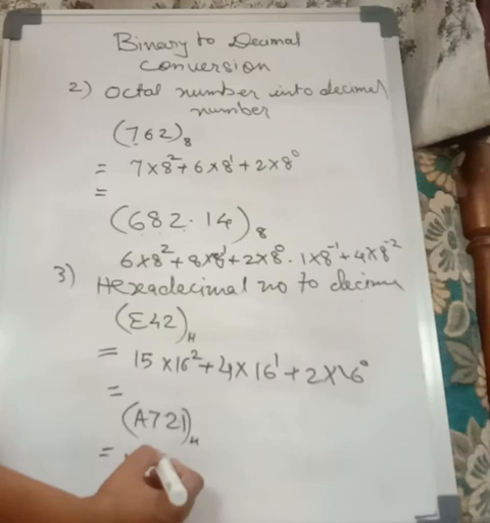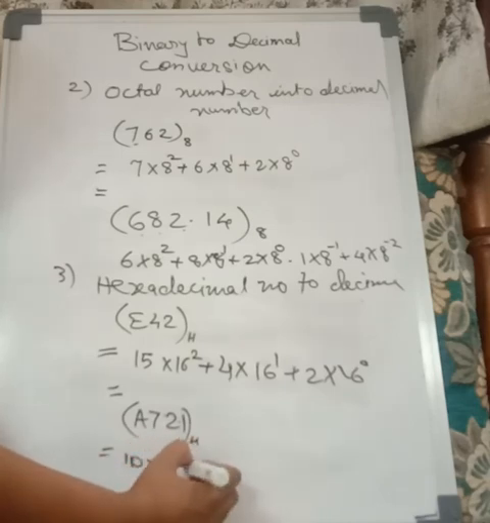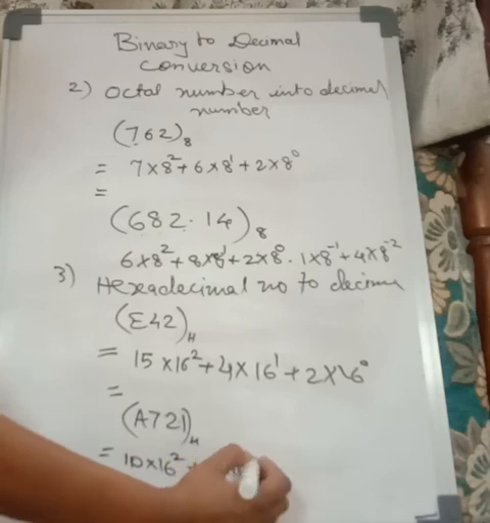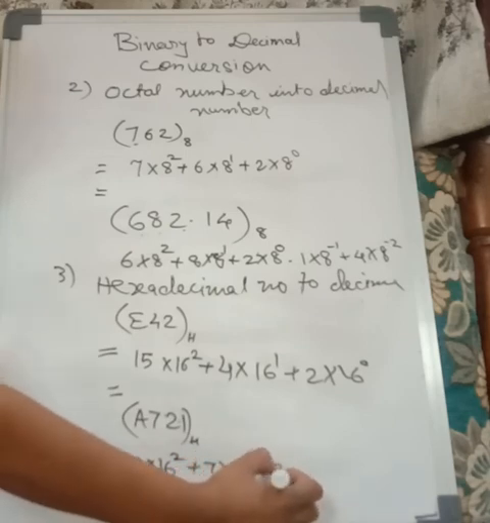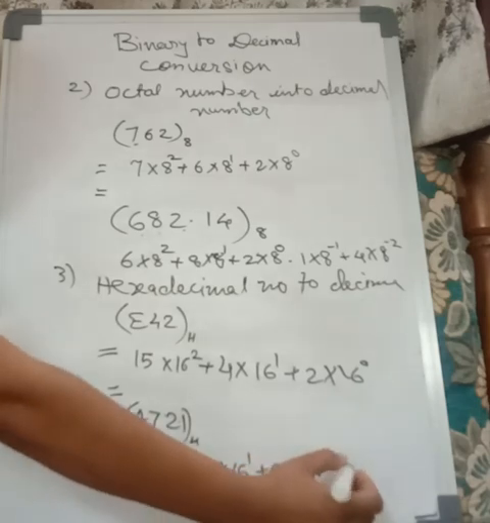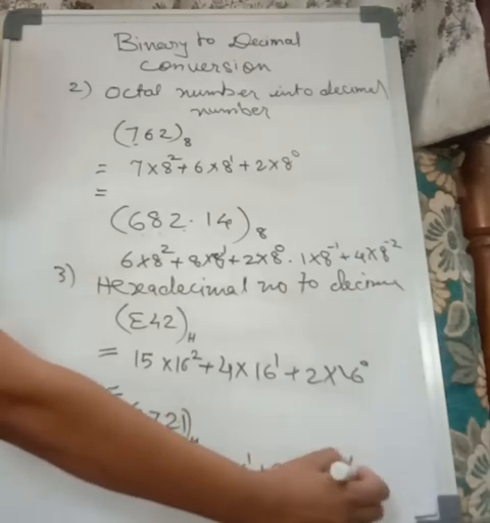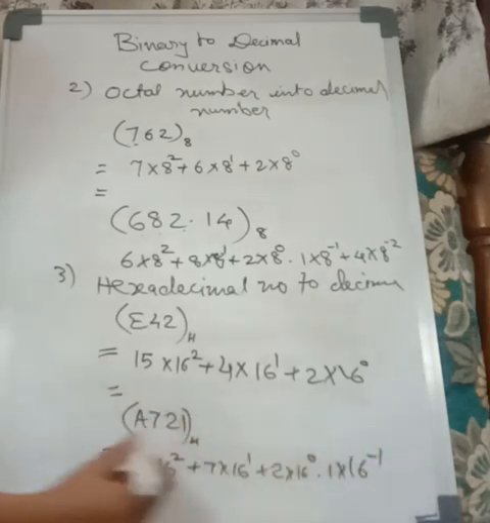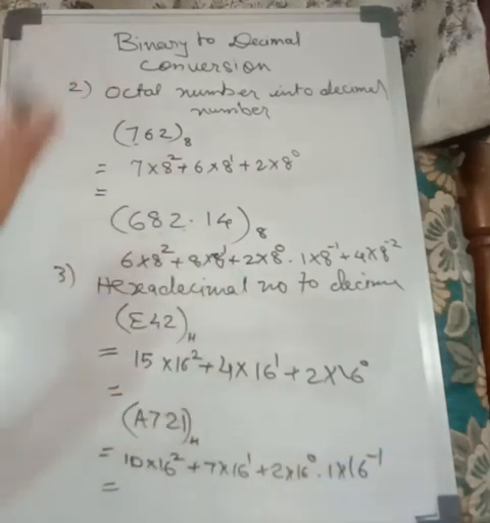Then 10 into 16 to the power 2 plus 7 into 16 to the power 1 plus 2 into 16 to the power 0, plus 1 into 16 to the power minus 1. And then we need to simplify this.